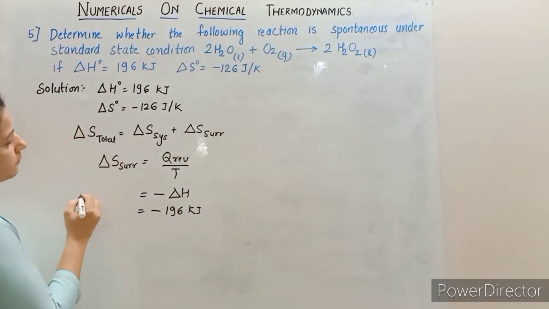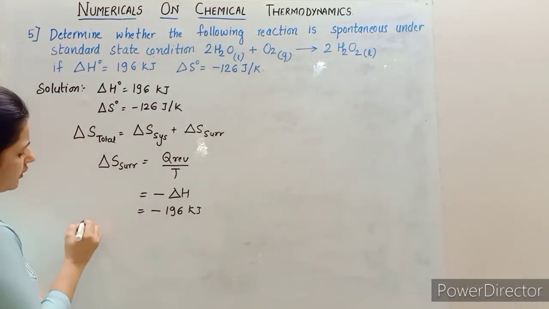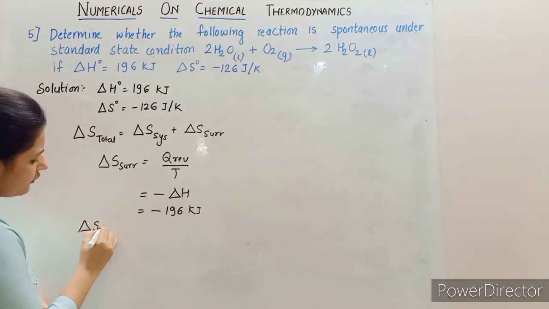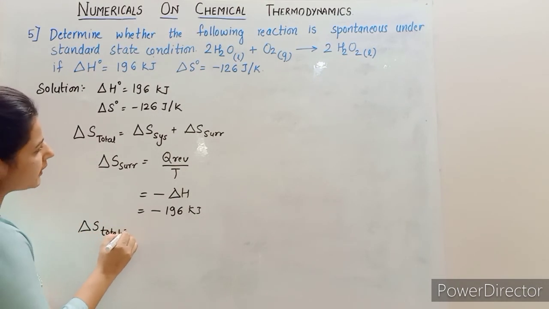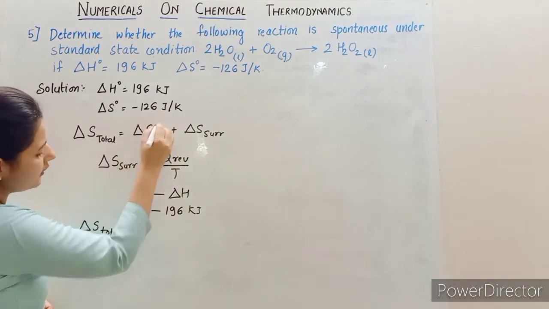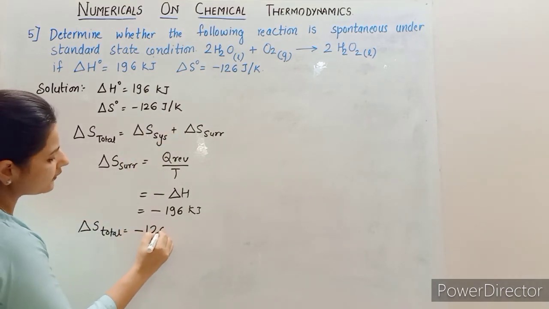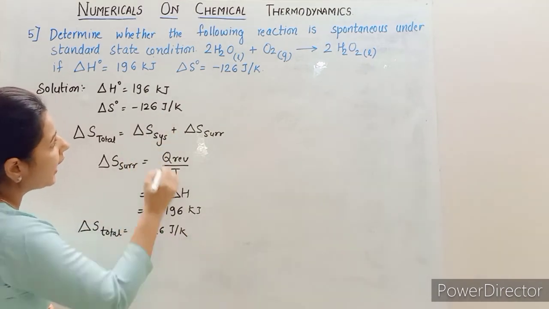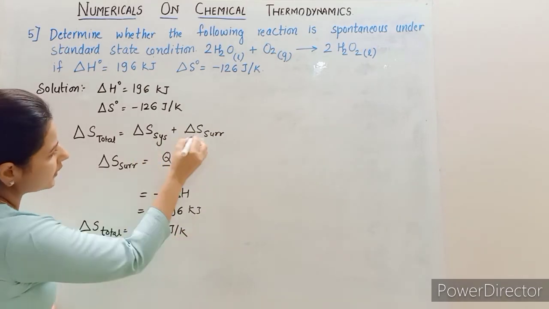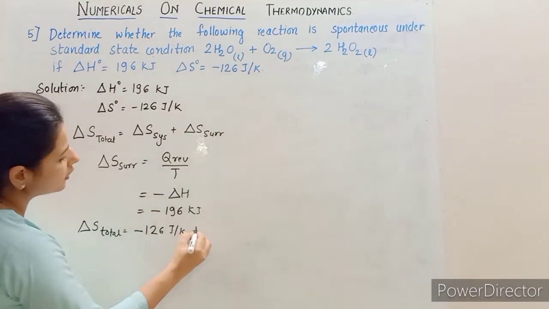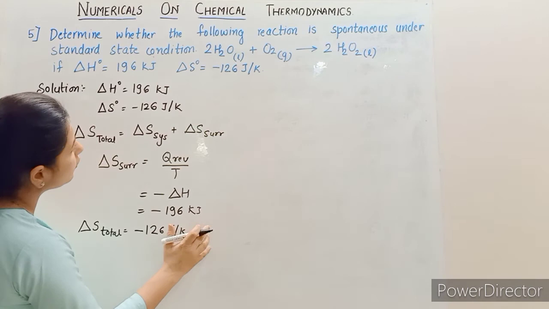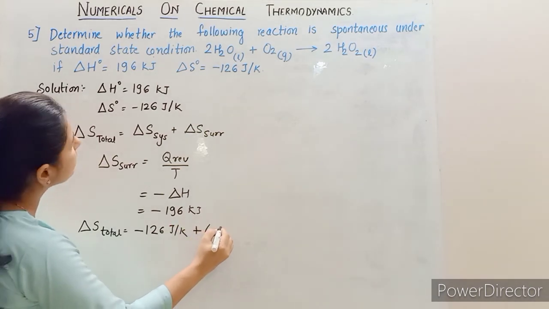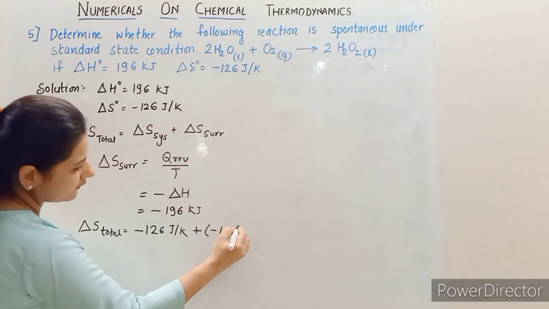Okay, now delta S total in this case will be system, which is again negative, that is minus 126 joules per Kelvin, and delta S for surrounding is also negative, so plus minus 196 kilojoules.